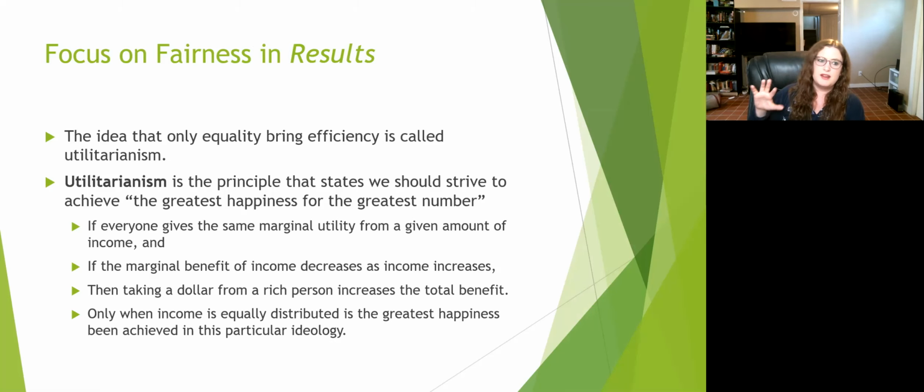If we assume that everybody gets a similar extra amount of happiness from one more of something, then if someone has two more of something than someone that has zero, you take one from the person with two, give it to the person with zero, and then you have someone with one. You keep redistributing like that with everything. Under utilitarianism, income is only efficiently distributed when it's literally equally distributed.